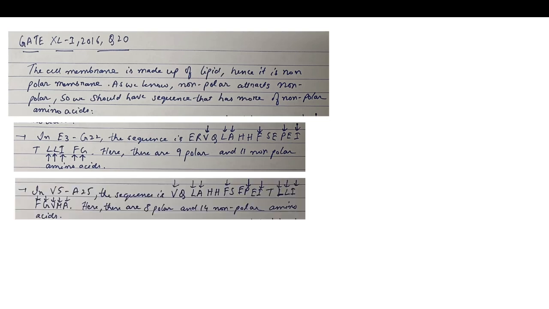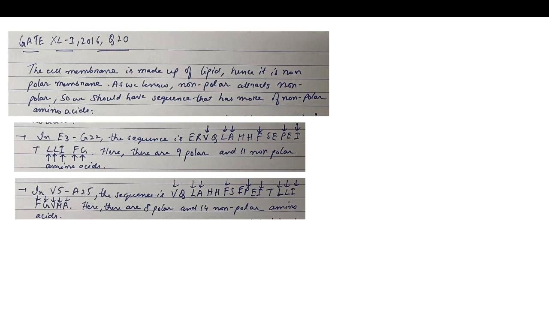A 20 amino acid sequence is given. In the first option, there are 9 polar but 11 non-polar amino acids. The sequence with more non-polar amino acids will be our option, because that will be more suitable for embedding into the hydrophobic layer.